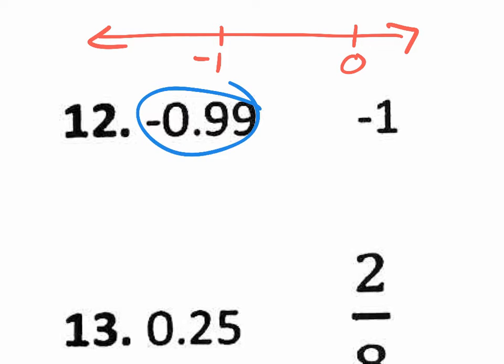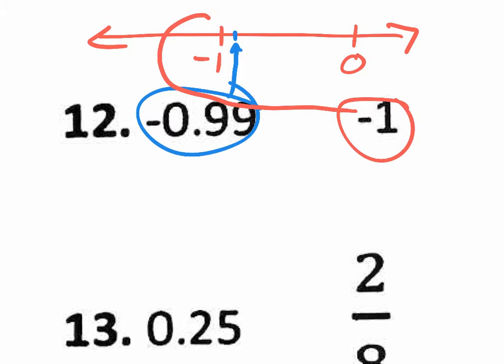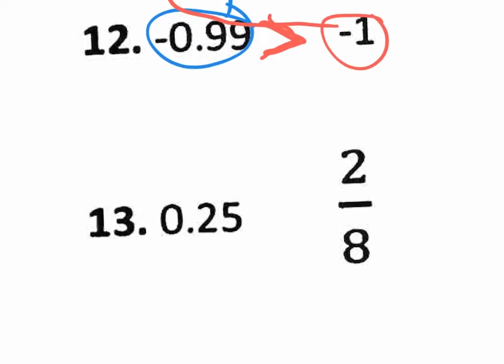In between 0 and negative 1, super close to negative 1. So negative 0.99 would be right here, and negative 1 is obviously right here. So which one's on the right side? The one on the right side happens to be the negative 0.99, which means that this guy is greater. So your answer has to be opening up to the negative 0.99.